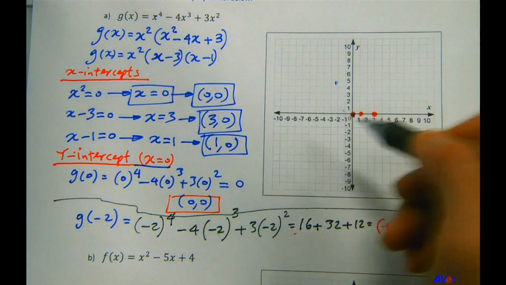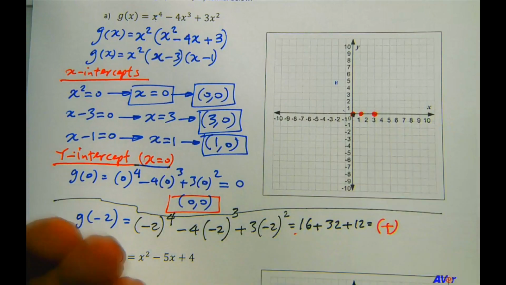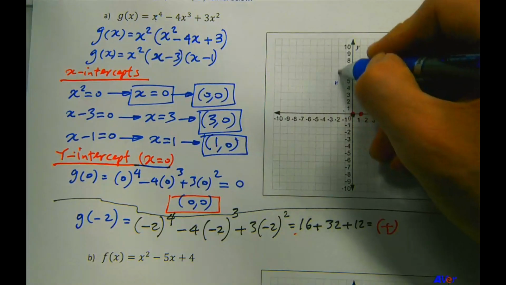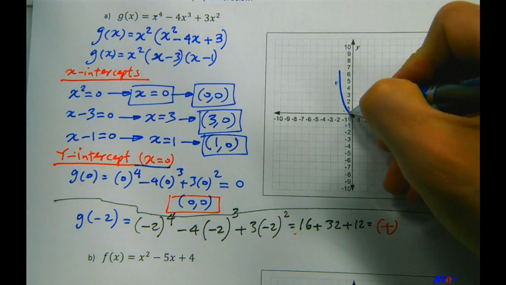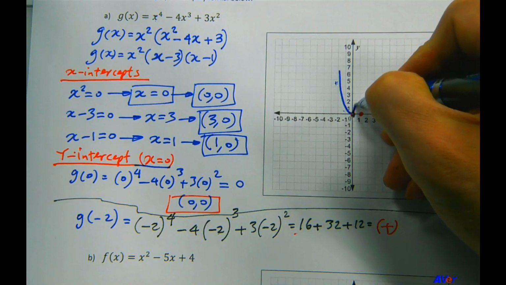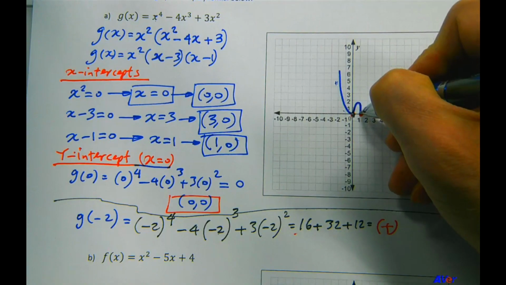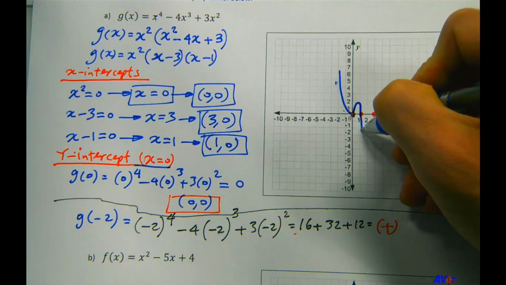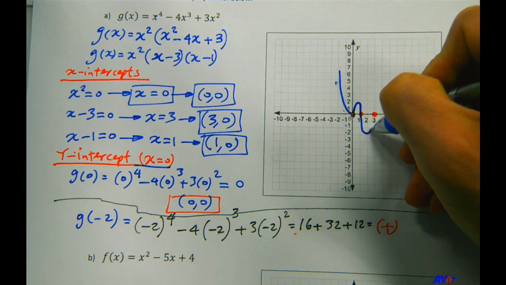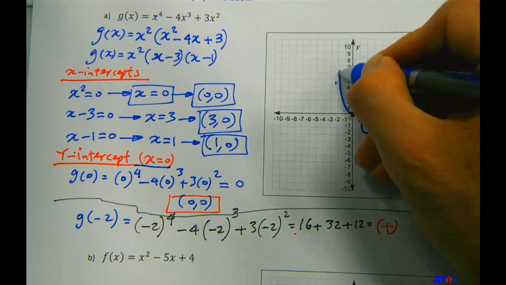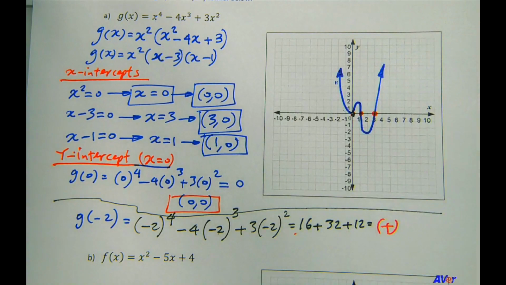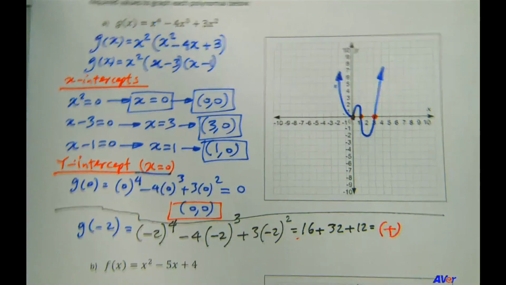So this line is going to come here, hit that, bounce back, go up like this, come back down again like this, cross the x-axis. At some point, it's going to curve back up again and go right through that. Like that. So that's a rough manual sketch of that polynomial.